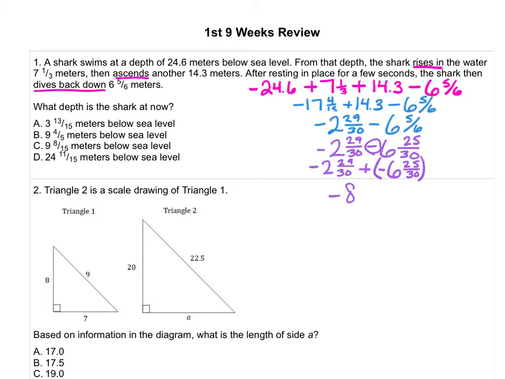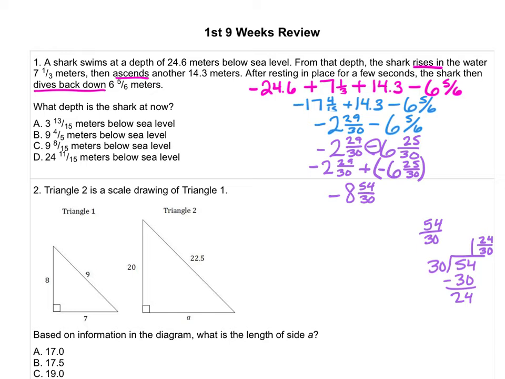2 plus 6 is 8. 29/30 plus 25/30 is 54/30. I could go to the side and say, what is this 54/30? Well, 30 goes into 54 one time. We get 24 left over. So we get 1 and 24/30.